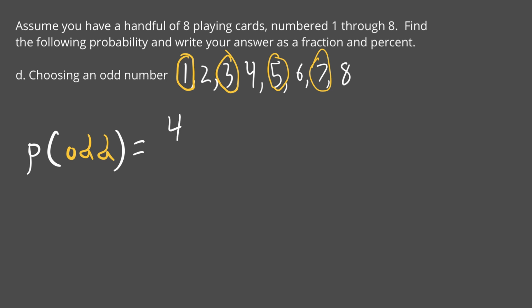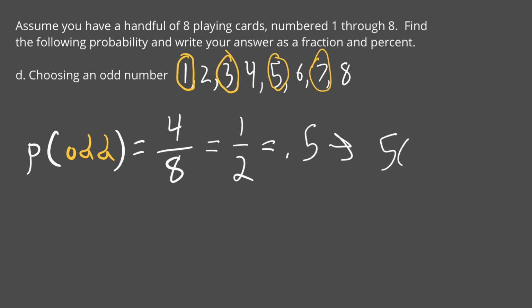So that's 4 over the total number of things that could happen, 8. And we simplify. That reduces to 1/2, which is the same thing as 0.5, and gives us a final answer of 50%.